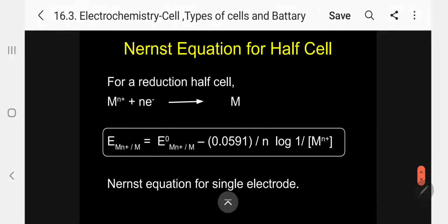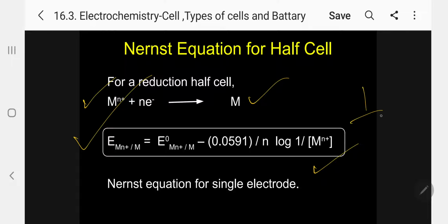For reduction, I can show you now. So Mn+ plus n electrons, like copper 2 plus plus 2 electrons, giving M. For this general case, I am using the Nernst equation now: E of Mn+ bar M, kindly follow, equals E0 of Mn+ bar M minus 0.0591 divided by n log 1 by [Mn+].